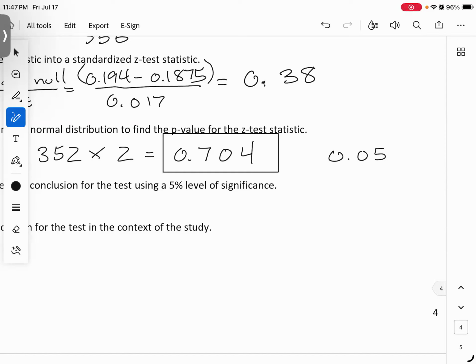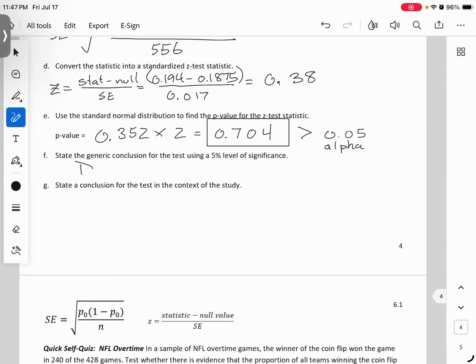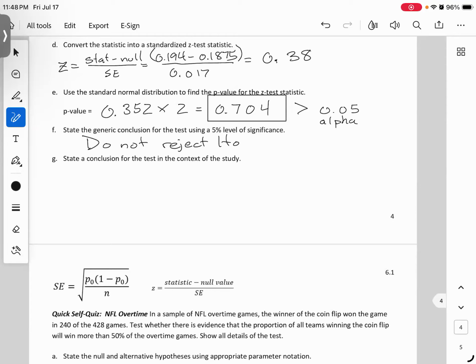And the answer is no, because that is too large of a p-value, indicating that there's a large possibility that it may have just been a fluke. So we're not able to reject the null hypothesis, or you could also write, we fail to reject the null hypothesis.